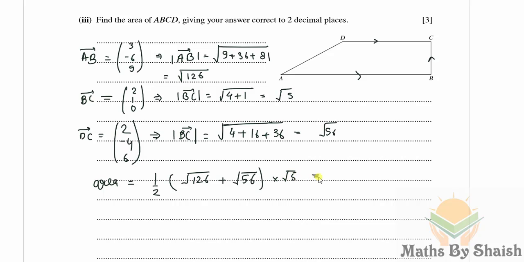And now we will calculate this from the calculator, and this is going to be 20.92. It is from the calculator, so this is 20.92 square units. So whatever is the unit of this length, that is going to be square unit. So this is the area of this trapezium. I hope it is clear. Let's do the next question.